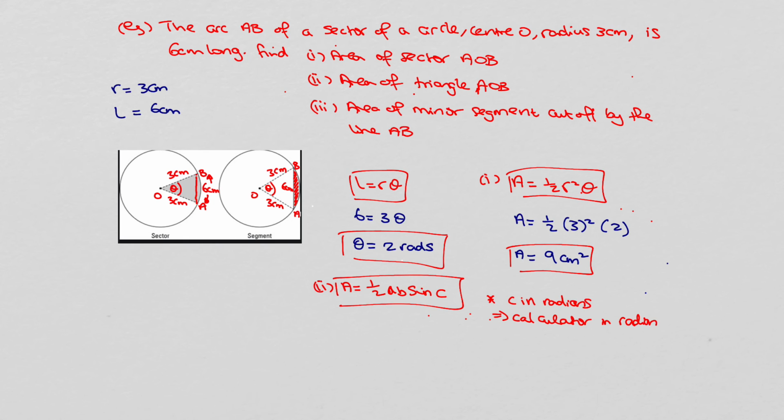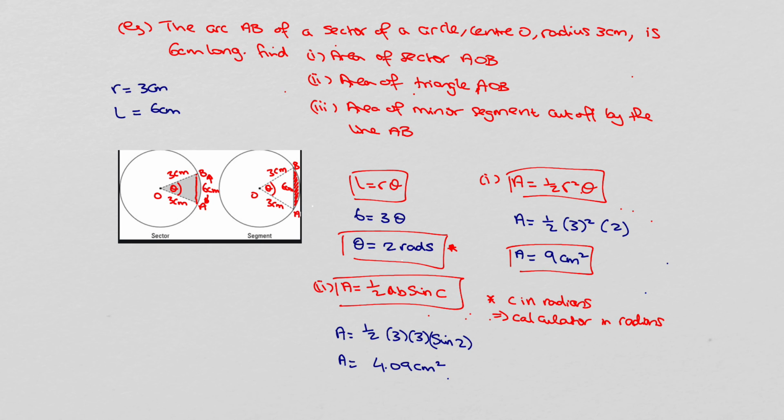Of course, if you worked out your angle in degrees at the start, then you'd make sure your calculator is in degrees. So we have a half times A times B, and then theta is my included angle. So it'd be sine 2. Putting that into my calculator, I get 4.09 centimetres squared.